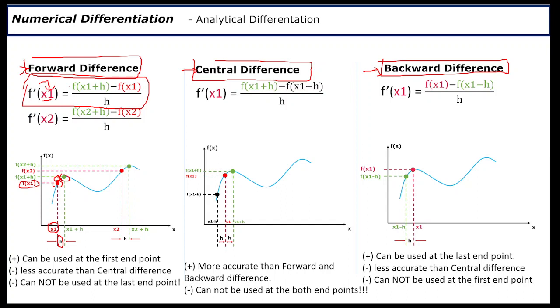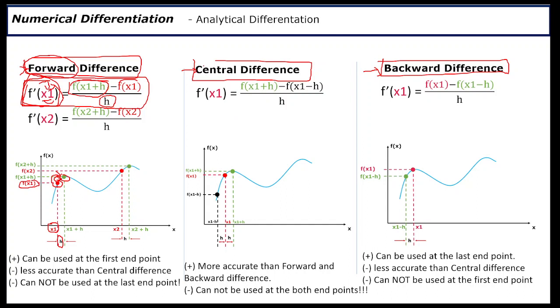Then we can define the first derivative of the f function at x1 using the value of the one-step-forward point minus our point, divided by the step size h. That's why it is called the forward difference: we need to move forward one step size of h to have the information to compute our first derivative.